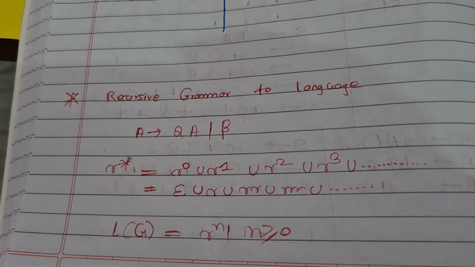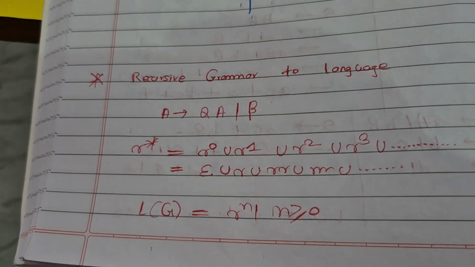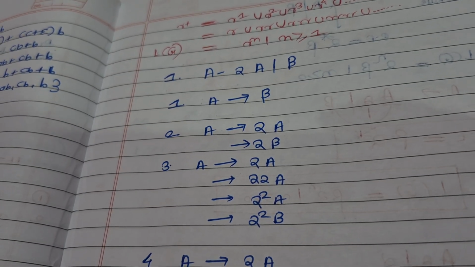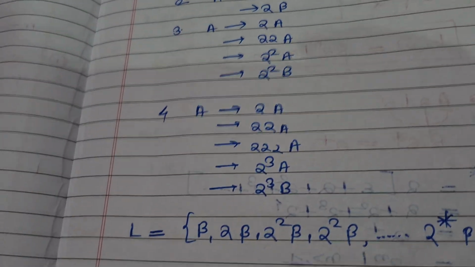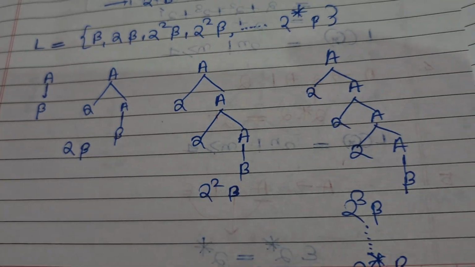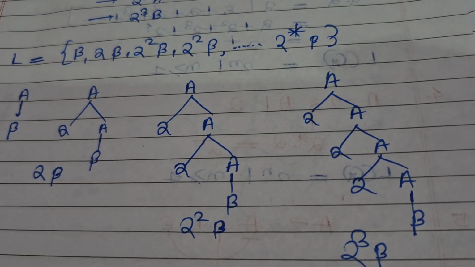Then a recursive grammar is given, and here you can see alpha A B. Just keep replacing and then see the language, and this is the parse tree of everything.